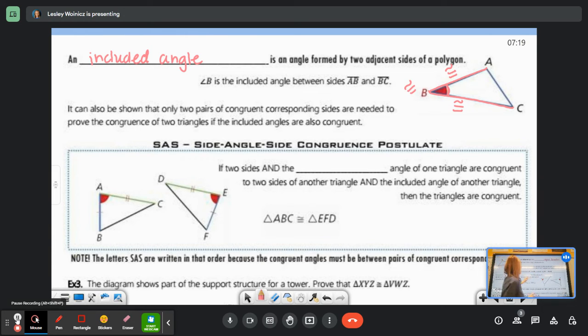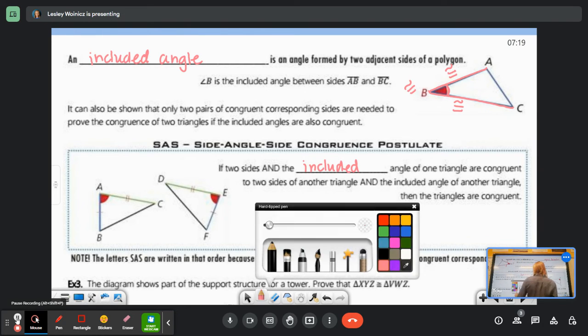If two sides and the included angle of one triangle are congruent to two sides and the included angle of another triangle, then we know that the triangles are congruent.